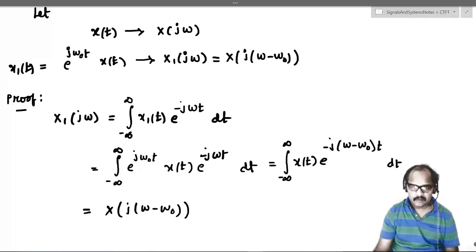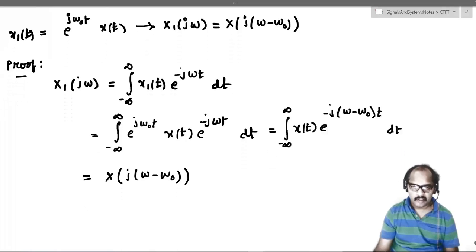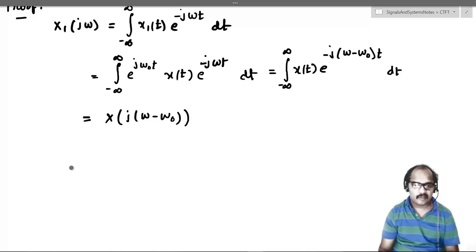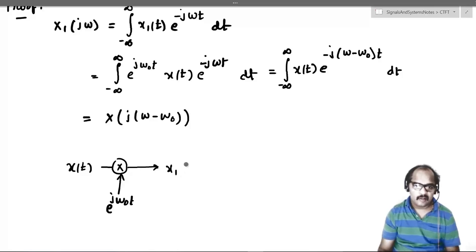Just to put this in block diagram notation, what have we done? We had a signal x of t, and this is multiplied with e power j omega naught t, and this gives you x1 of t as the output. What happens to the Fourier transform? I am writing below. This will have x of j omega.